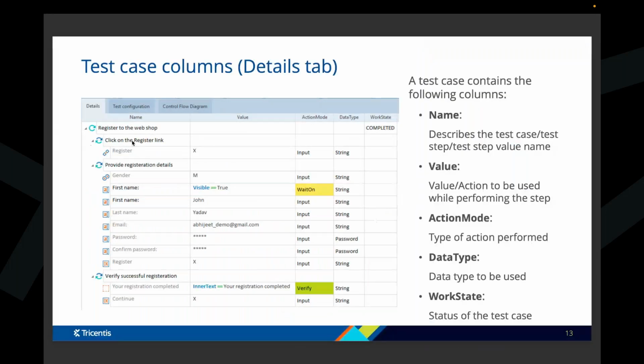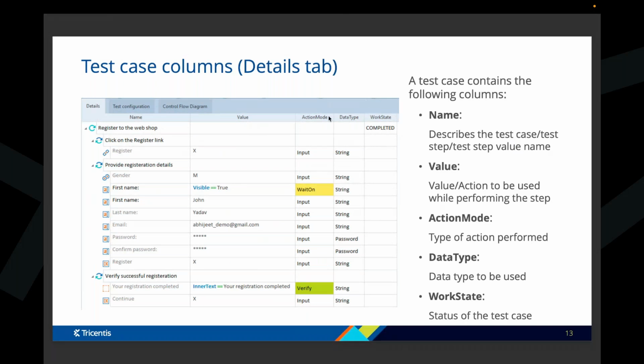For example, you have something to register and you have scanned the module, like a link, text, button, radio button, everything. You scan, drag and drop, build your things, give your value, then define what you want to do, the action mode, and what data type it contains: password, string, or other types of data which we will be seeing. This is how you are going to build your test cases.